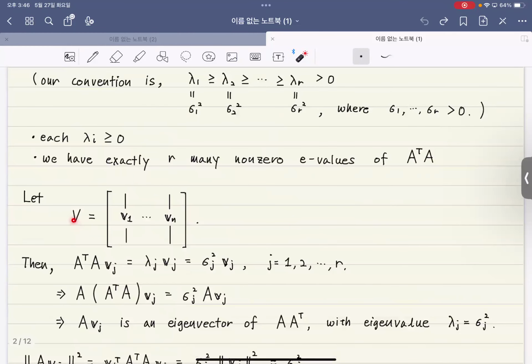So this is my matrix V, an n by n matrix, and I'm going to call the columns of the matrix V to be from v1 to vn.